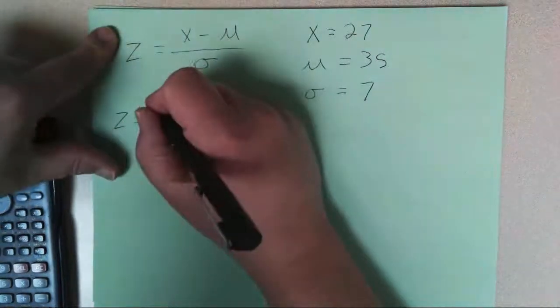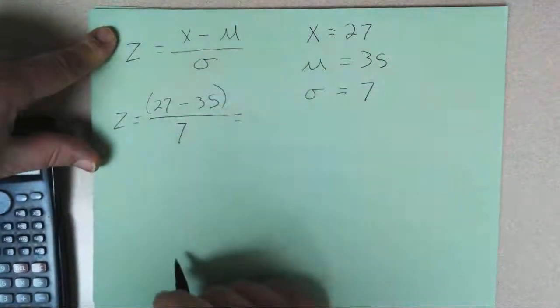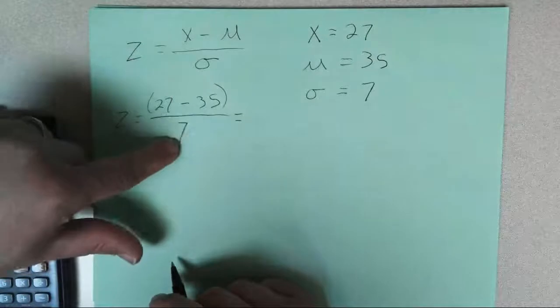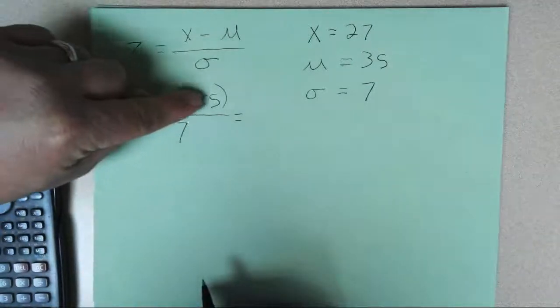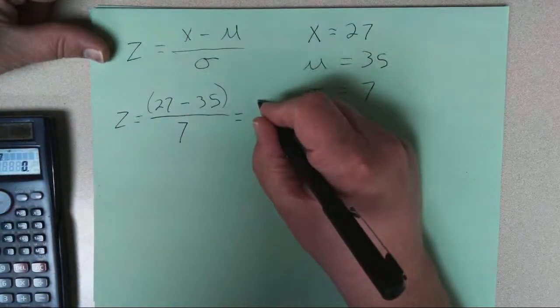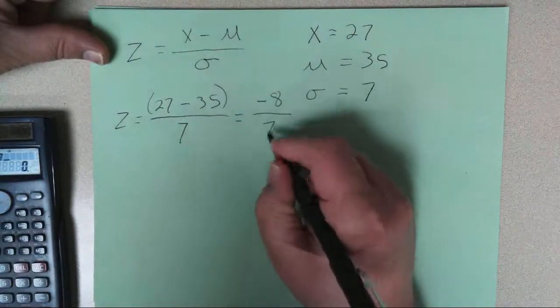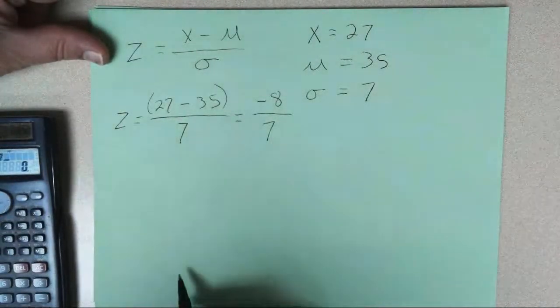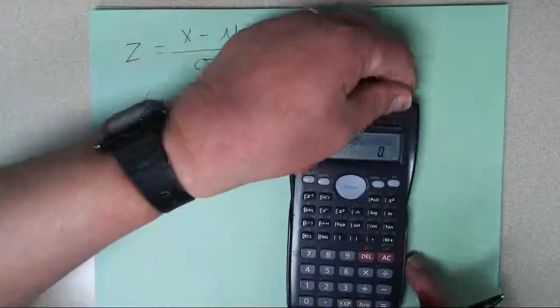So there's kind of like an implicit grouping symbol around the top and one around the bottom. And you do all the stuff on the top, all the stuff on the bottom, and then finally divide the two. So 27 minus 35, that would equal negative 8, and then divide that by 7. So it's like negative 8 divided by 7. And then I would use my calculator to find that.